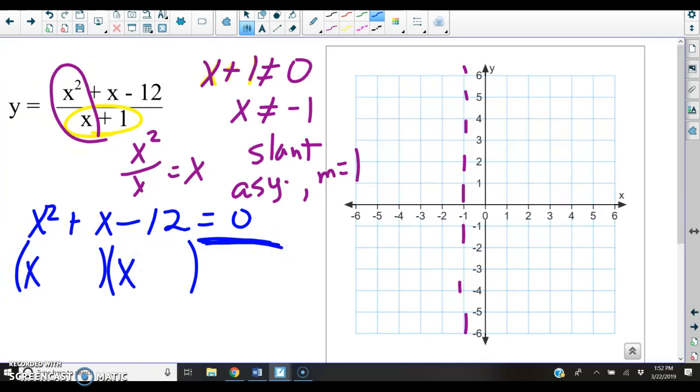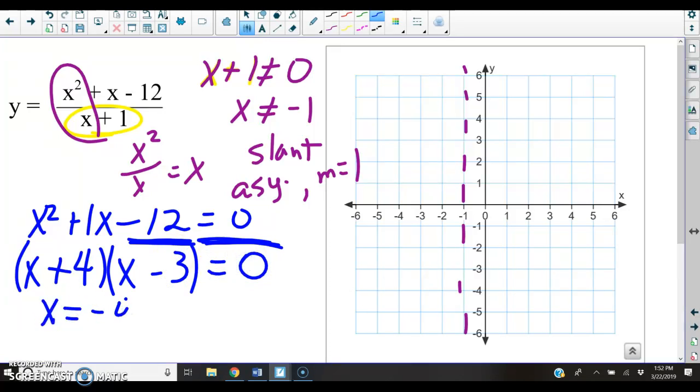If it doesn't factor, you complete the square or use the quadratic formula. This one we can factor because the product is -12 and the sum is +1, so that's a +4 and a -3. So we are going to get zeros at x equals -4 or x equals 3. I'm going to put those in right away, -4 and 3.